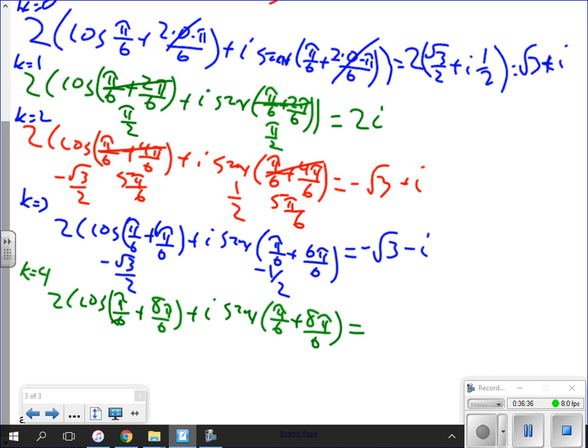Cosine is 0. The sine is negative 1. So I get 0 here, negative 1 here. So I distribute my 2, and I get negative 2i.